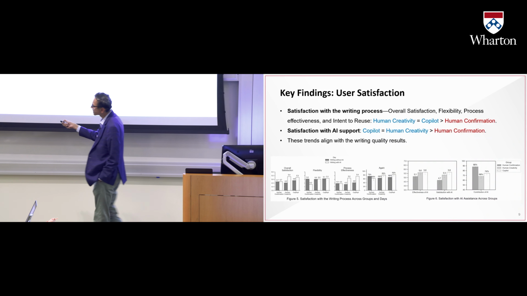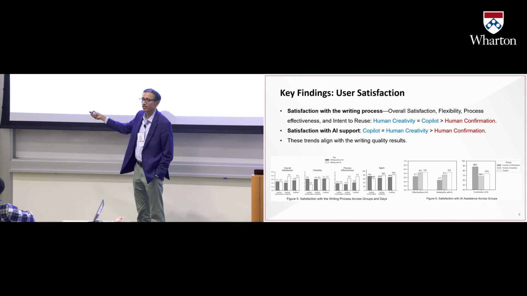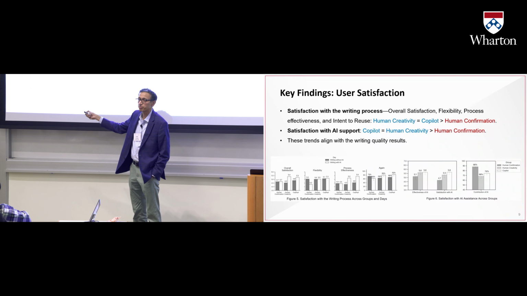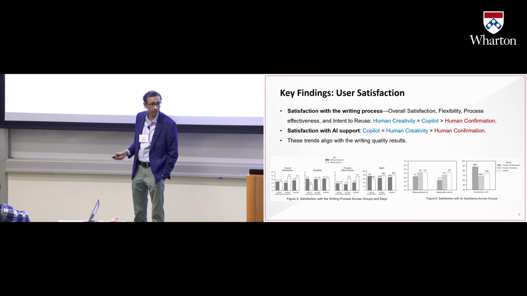In terms of overall satisfaction, for the human confirmation group, satisfaction level post-AI versus pre-AI is nearly the same. But for the other groups, we can see that they had a greater satisfaction from having AI versus not. In terms of flexibility, again, the human confirmation group felt they did not have flexibility, while the other 2 groups felt they had flexibility.